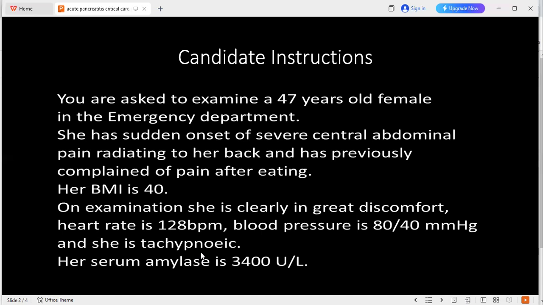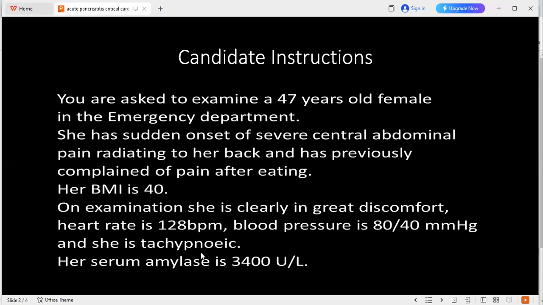Pain should be managed with PCA with good analgesia, but we will avoid non-steroidals and opioids. Non-steroidals for fear of peptic ulcers, and opioids for fear of spasm or obstruction in the ampulla of Vater.